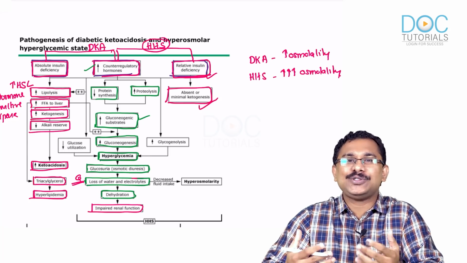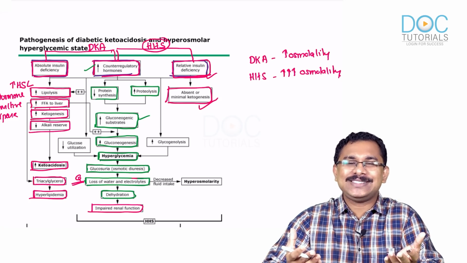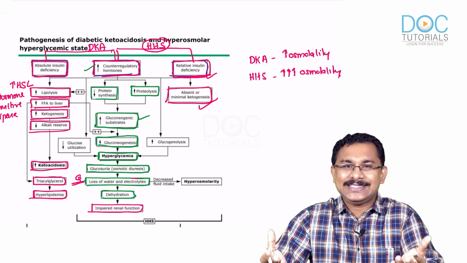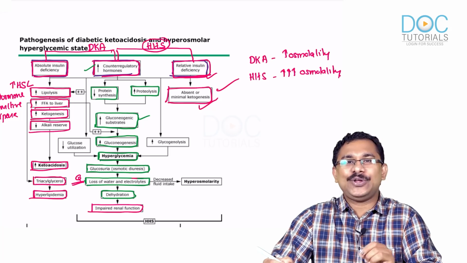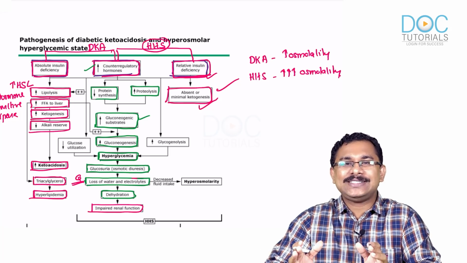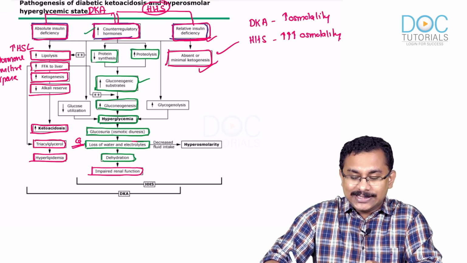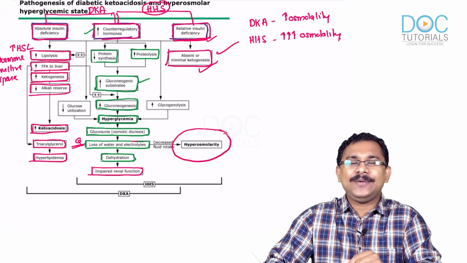This is what I wanted to show you. That is why the comparison was shown of the pathogenesis of diabetic ketoacidosis and HHS. Yes, there are similarities, but you see this gross dissimilarity, don't you? The ketone bodies are not formed and there is no acidosis as well. But something very marked is the hyperosmolarity.